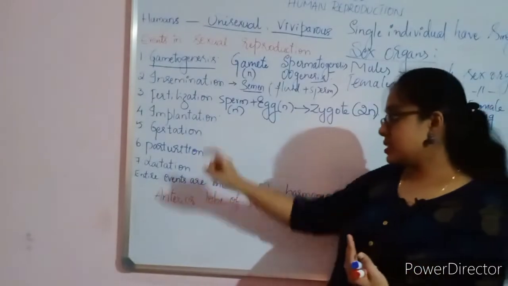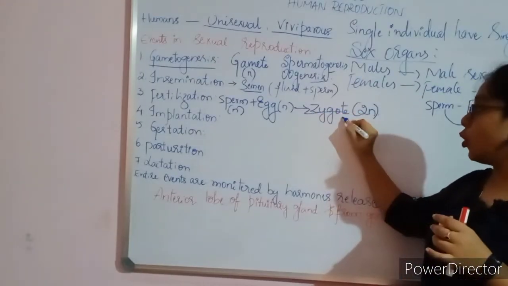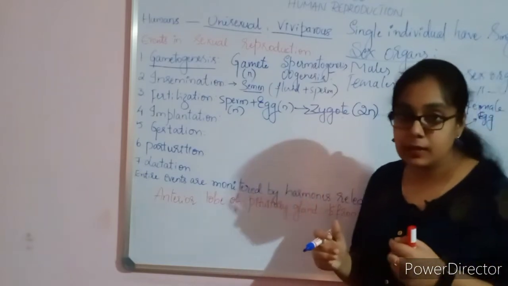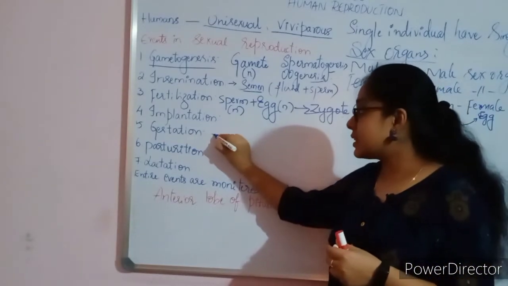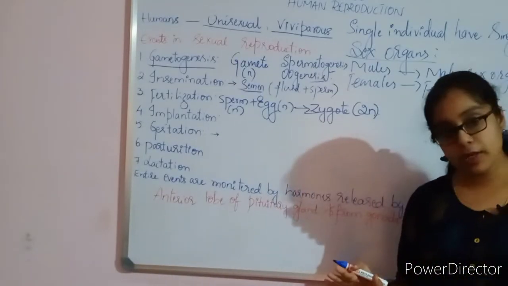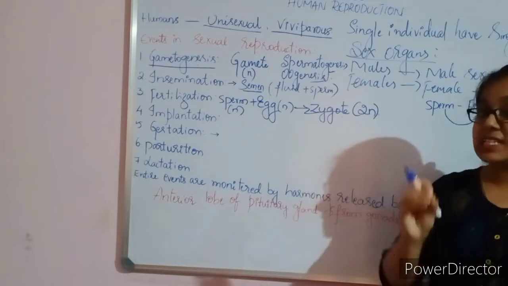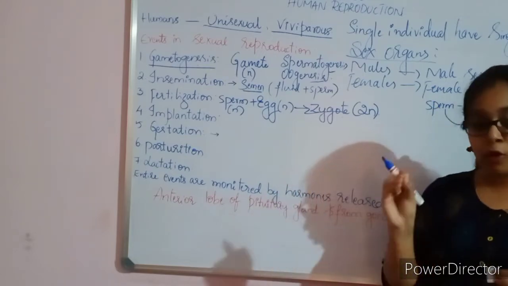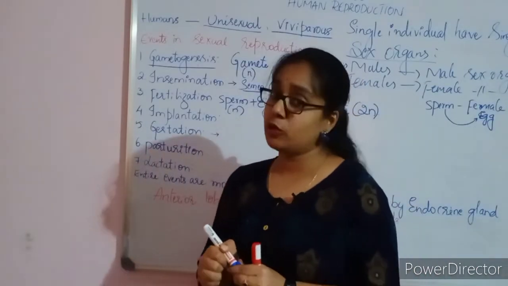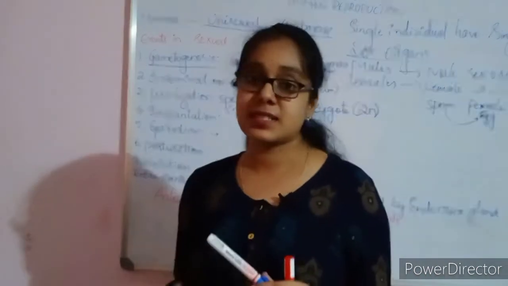Clear? And next is gestation. So what is this gestation? Once the zygote gets attached to the womb of a mother, then we can say that pregnancy is confirmed. So when will the pregnancy be confirmed? Only after the attachment of the zygote into the mother's womb will the pregnancy period start.